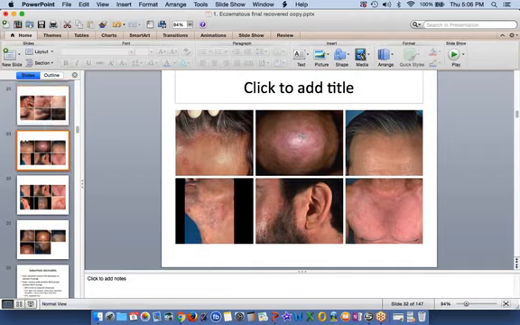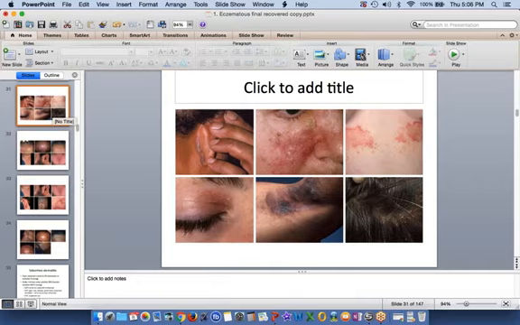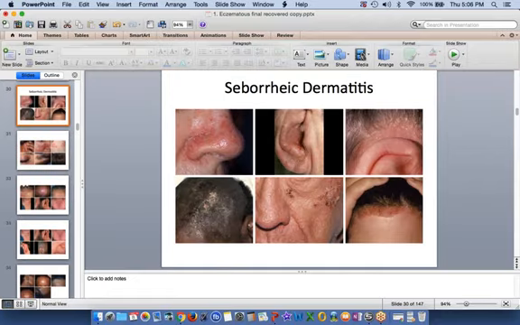Look, if you see scaling and erythema, flaking, you should continue thinking about this. The mid face is very common around the nasal alas, the nasolabial folds. You can see the armpits, the ears here, the crease of the nose here.